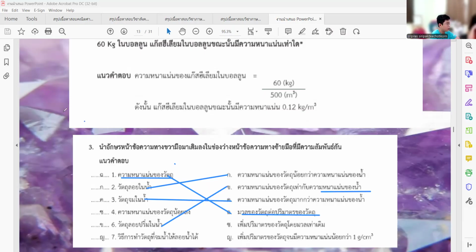All right, 3 beakers here. 1, 2, 3. This is the water. If the object floats above the water, the object is less dense. If the object sinks, that means the object is more dense. But if the object is something like this, that means the object has the same density as water.